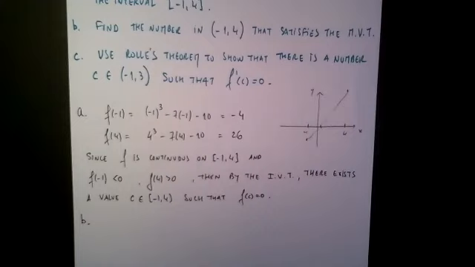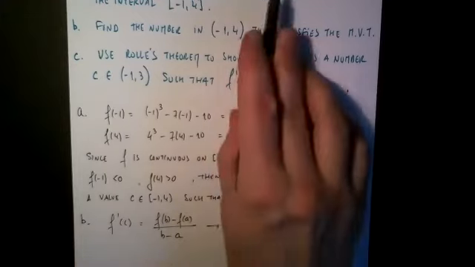B. Okay, so the mean value theorem, if you remember, we're looking for f prime of C is equal to f of B minus f of A over B minus A. Okay, so what is the derivative?